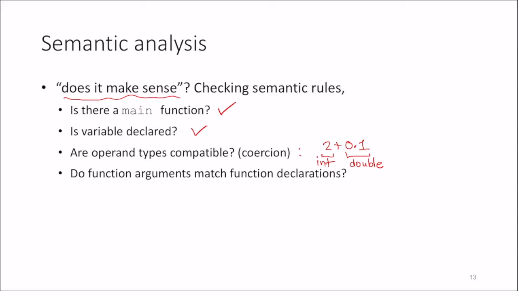When you look at this addition operation, there are two different addition operations, one for integers and one for doubles. So the idea behind semantic analysis here is to figure out which addition should I use. So the usual method is I take 2 as an integer and I convert it into a double, so that this one is a double now and this one is a double.